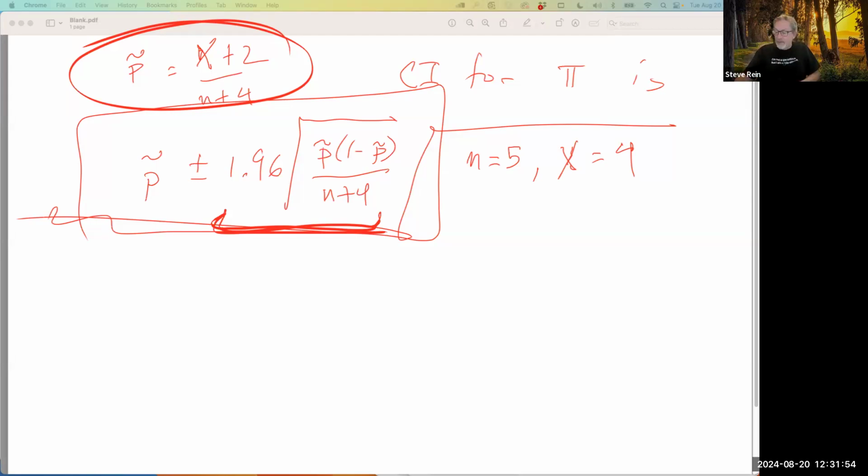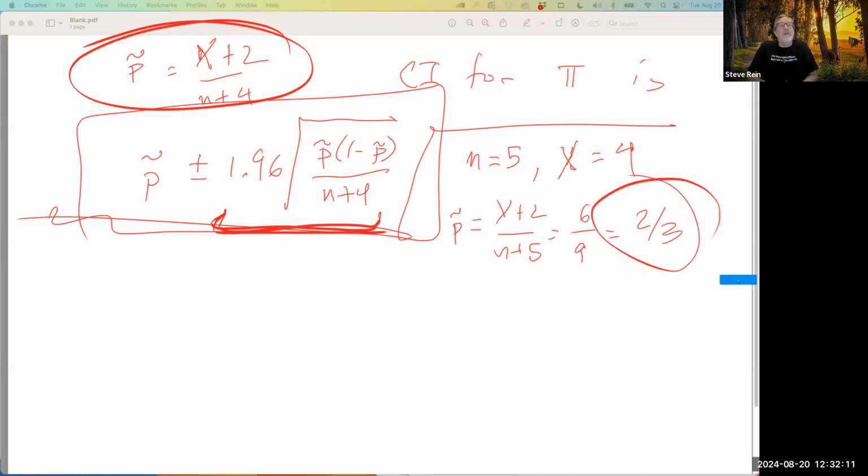And so my p tilde is just X plus 2 over n plus 4. In this case, it's 4 plus 2, or 6 over 9, which is 2/3. So I'm estimating he's going to win 2/3 of these chef-testant battles because he's relatively good.